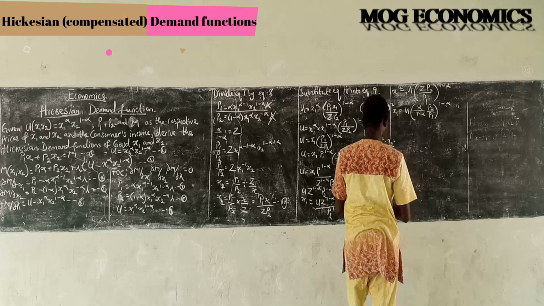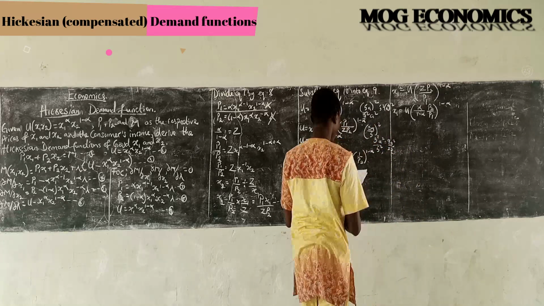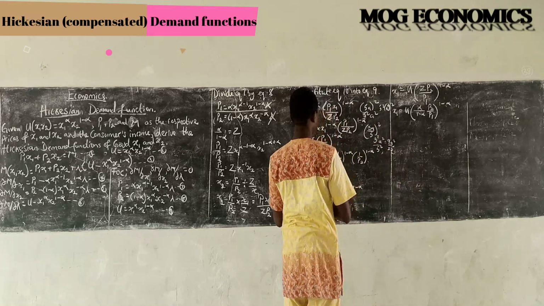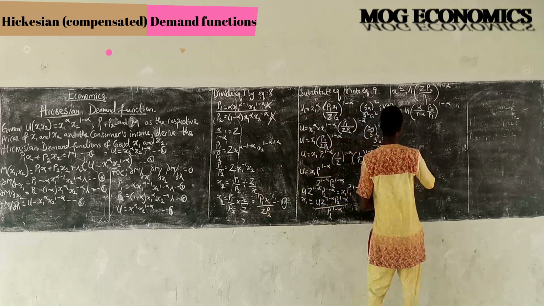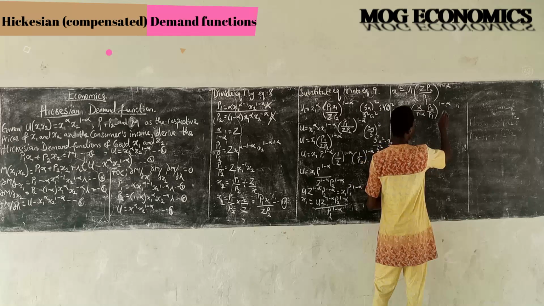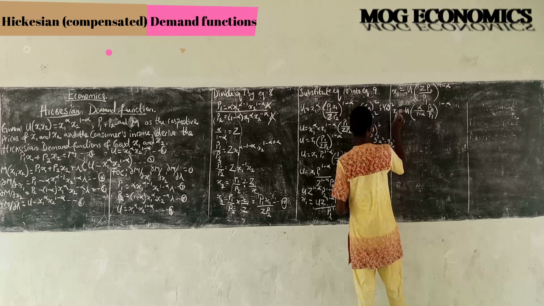So u alpha p2 over 1 minus alpha p1, right, equals that. So this is the Hicksian demand function for x1.